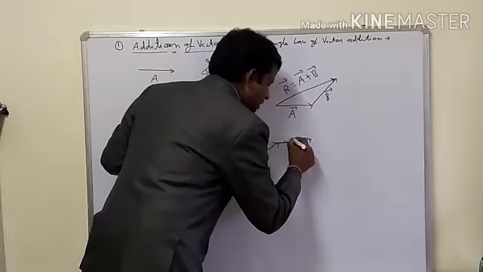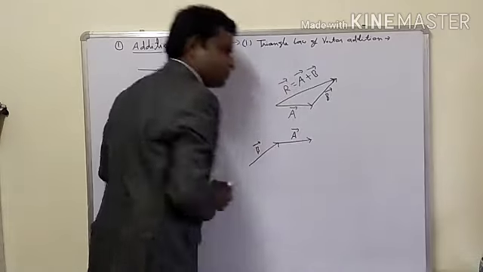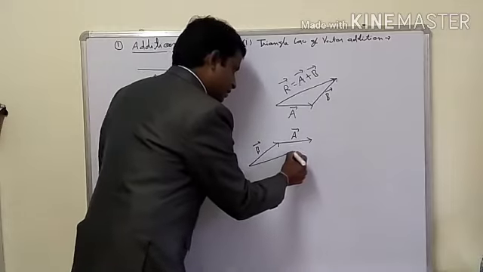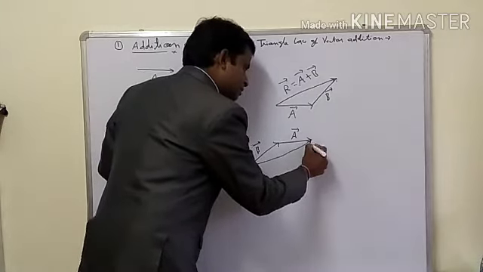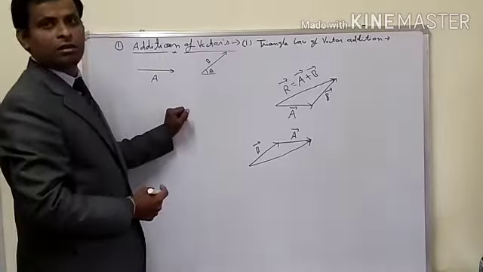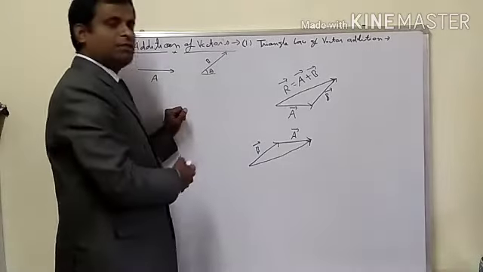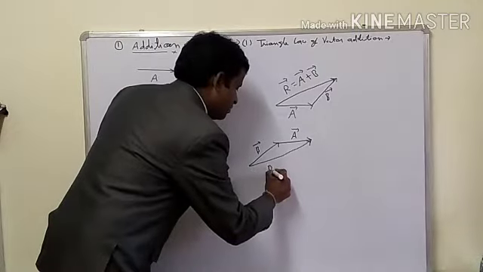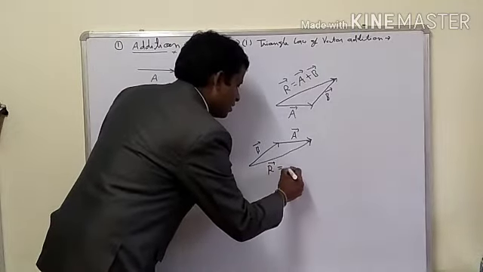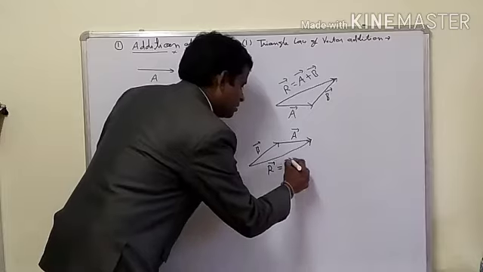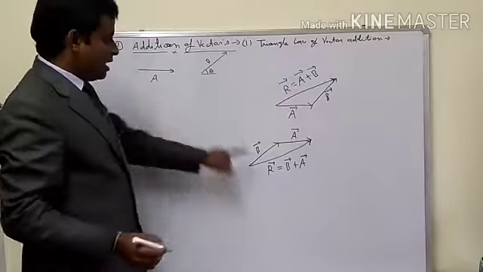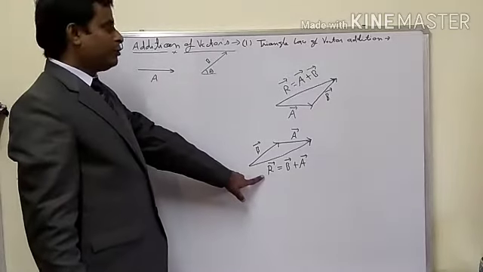So this is vector A. After joining this line, this will become a triangle. So this is another way by which we add vector B and vector A. So it will be vector B plus vector A equals R, where R is the resultant of the two vectors.